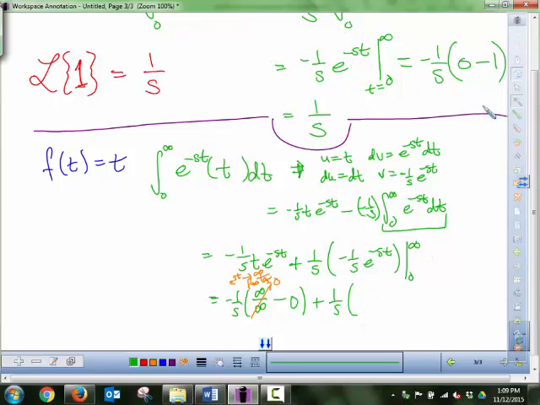Well, that's kind of like the same amount of work that we did up here. We did this already. It's negative. Oh, that's just 1 over s. So this whole thing becomes 1 over s. So we end up with 1 over s squared.